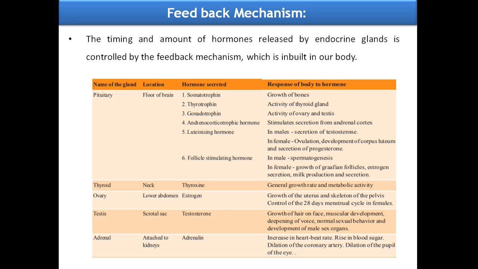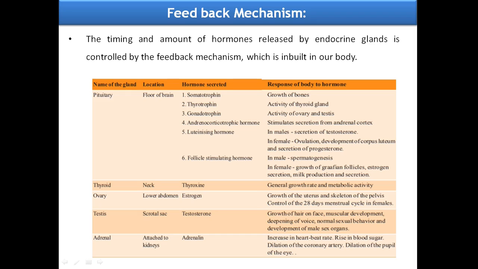The next endocrine gland is the testis. They are located in the scrotal sac, and the hormone released by the testis is testosterone, which is responsible for secondary sexual characters in males like growth of hair on the face, muscular development, deepening of voice, normal sexual behavior and development of male sex organs.